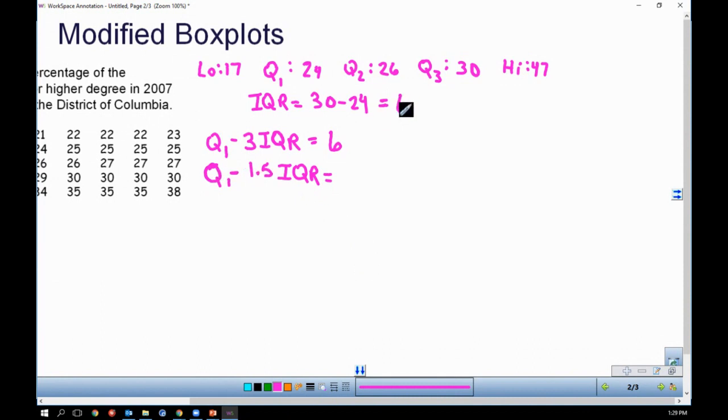So let's see, 1.5 times 6 is 9. 24 minus 9, 15. Then we have Q3 plus 1.5 IQR.